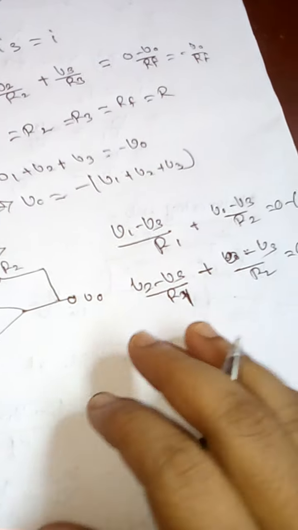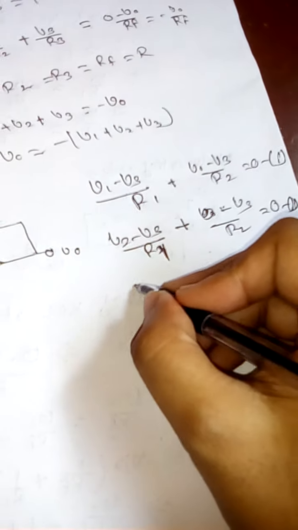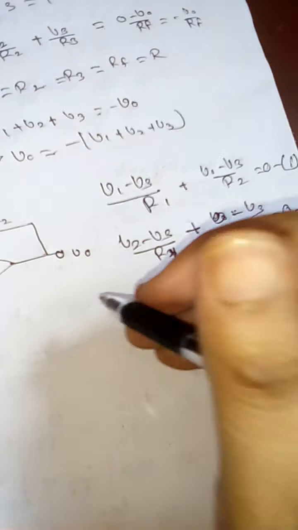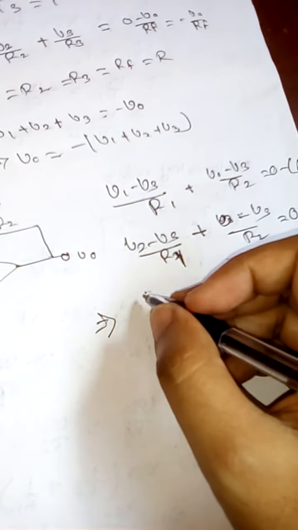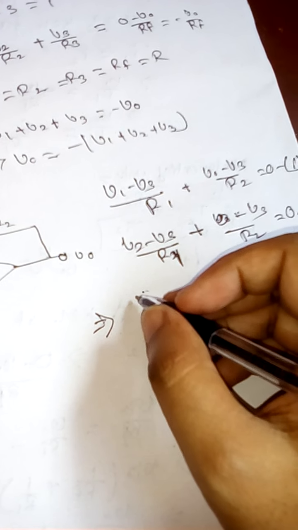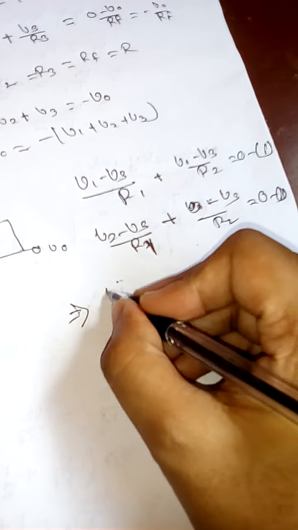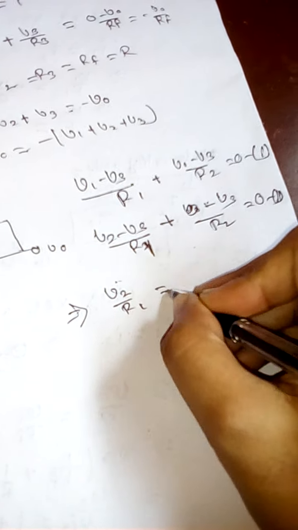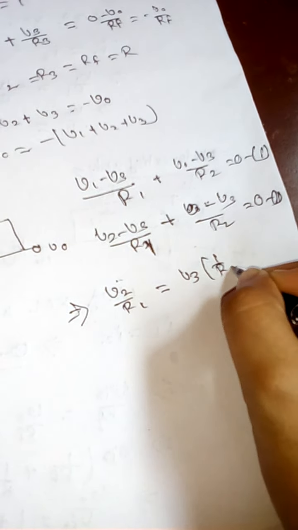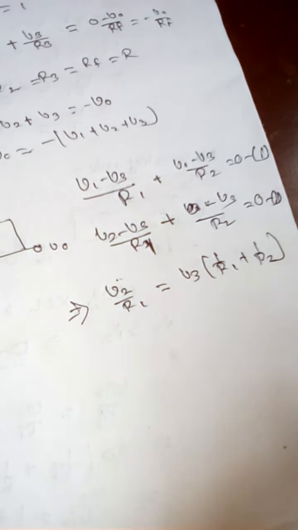So we simplify the equation. From the second equation we get V3 equal to V2 by R1 divided by 1 by R1 plus 1 by R2.